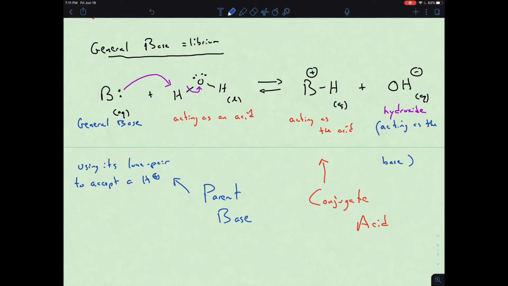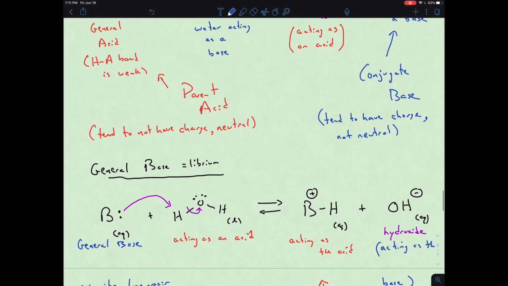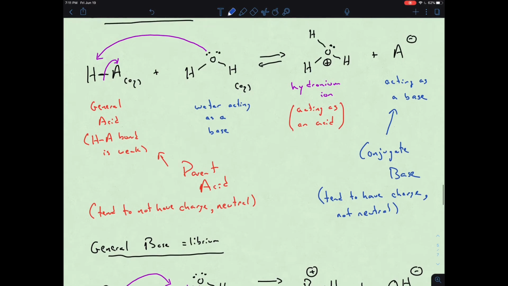This is how they're increasing the amount of hydroxide, or they're increasing the amount of H+. And so we can see that in both cases.